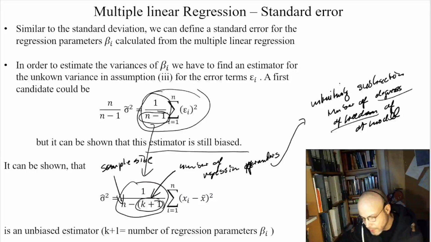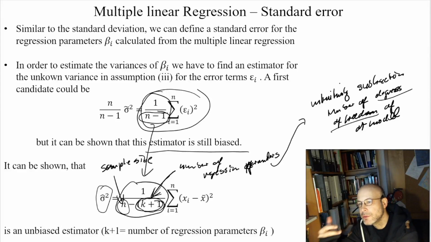And if we make all these assumptions, then again, we look for good estimators, especially for unbiased estimators. And in the multilinear case, we have to calculate the estimator for the variance in a bit other way than we have done it in the simple regression, because we have to subtract from the sample size now, so to speak, the number of our parameters.